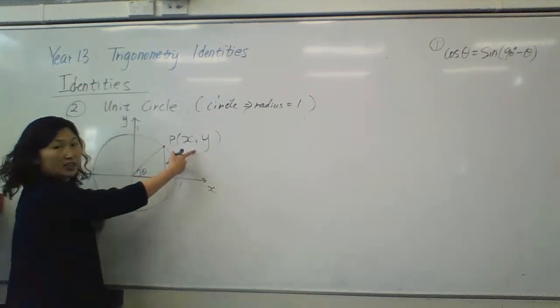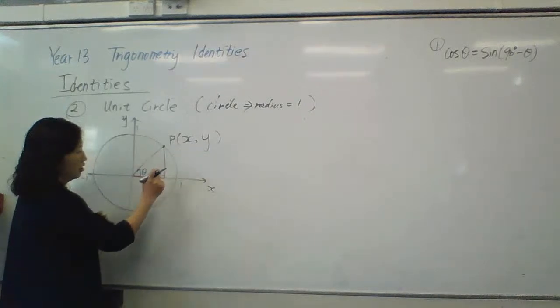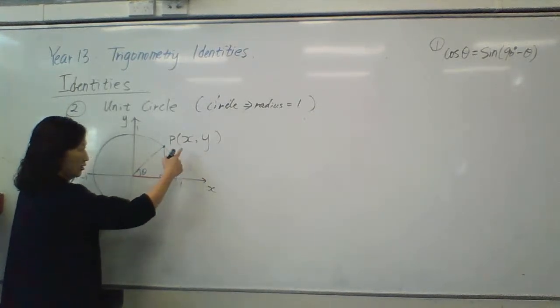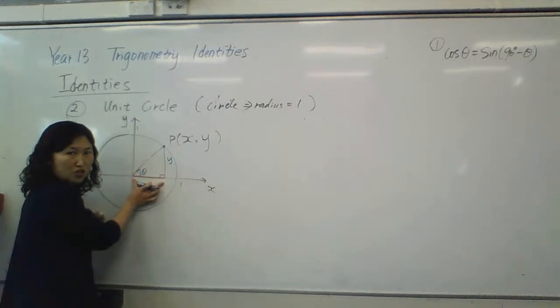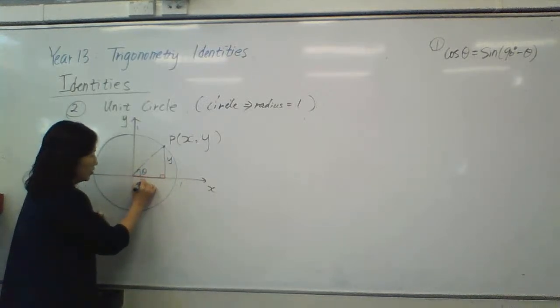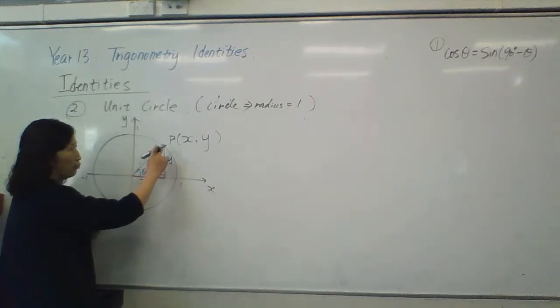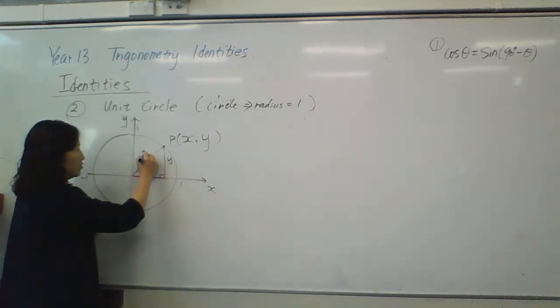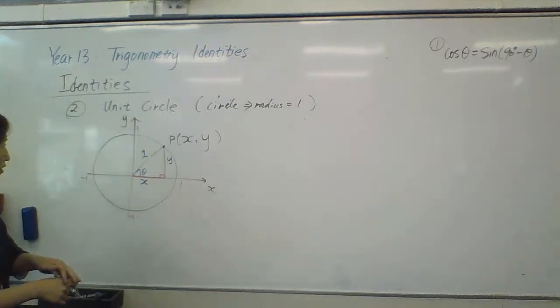Based on the coordinate, this vertical length is y. This horizontal length, the red part here, is x. And I know the radius of the circle is 1 because we are using the unit circle.